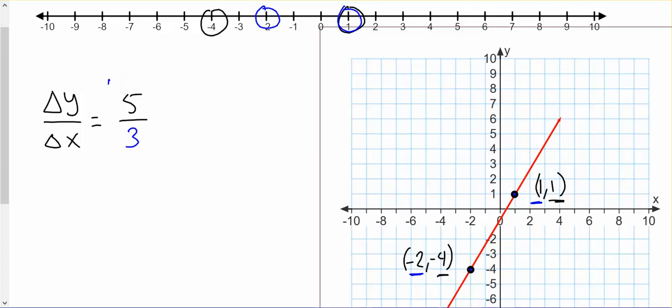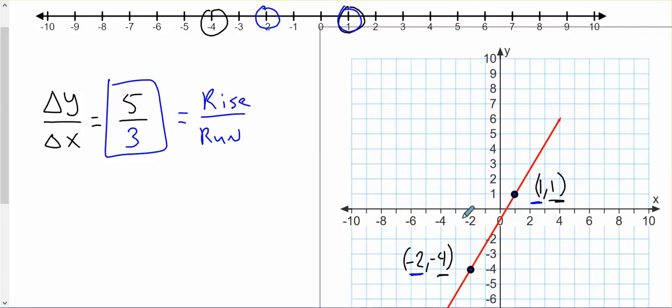So that's 5 over 3. We also call slope rise over run. Meaning, how much am I going up compared to how much am I going over? If we're moving down, we'd go down and over for a negative slope.